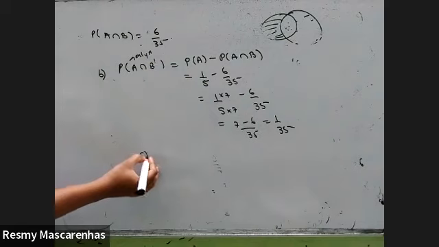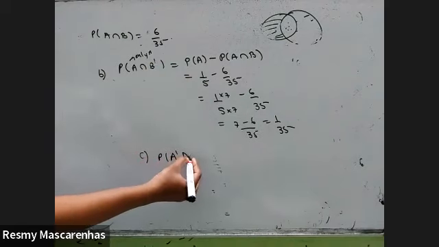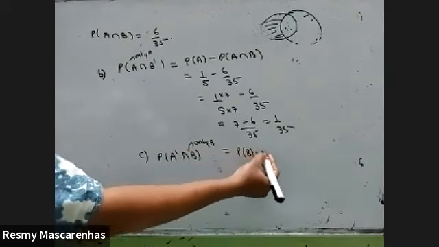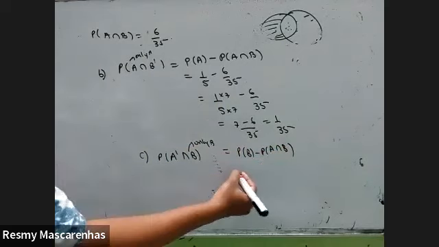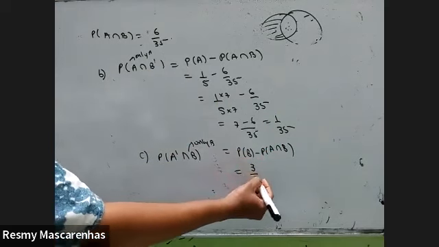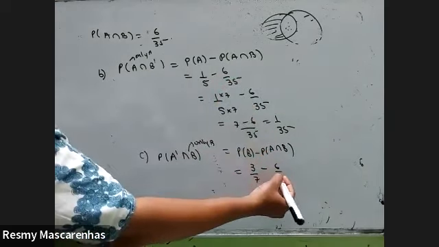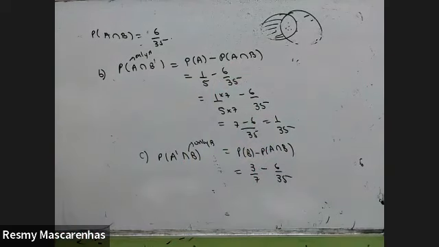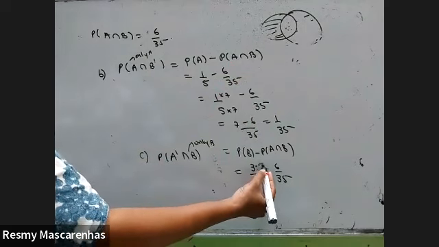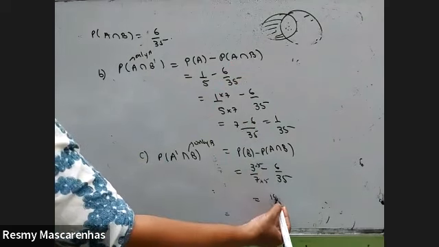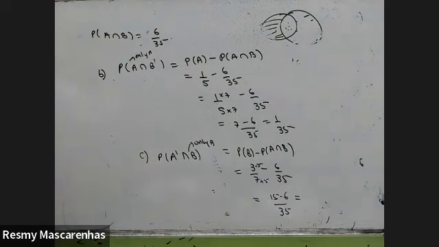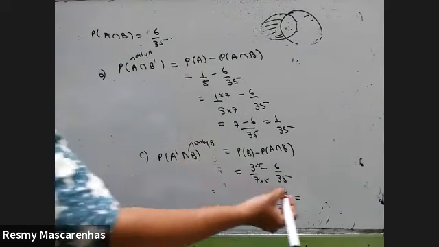And same way, I want only B. Only B means P of B minus P of A intersection B. So this will be P of B given as 3/7 minus this intersection 6/35. 15 minus 6 by 35. So 9 by 35.